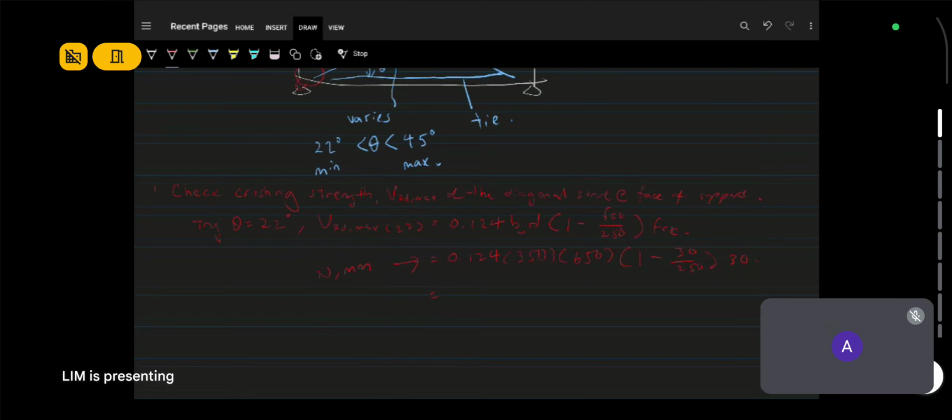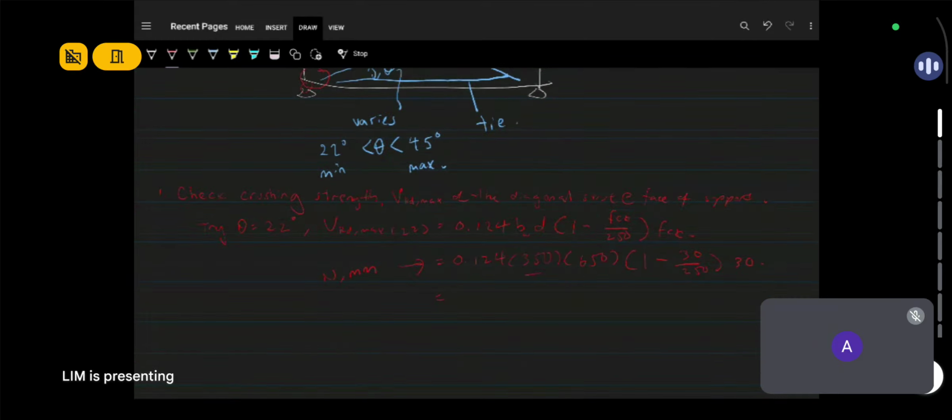What did you get? Oh, it's 315. Okay, 315. 350 times 650, times this, times 30, times 0.124.